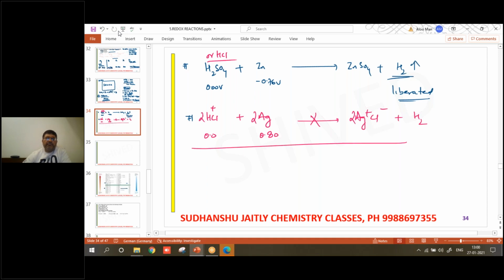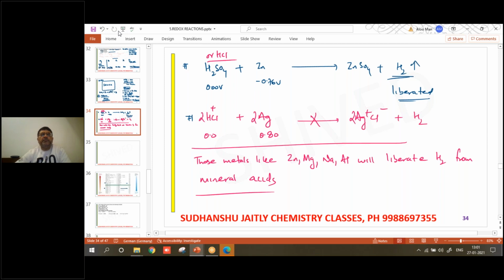That is, we say those metals like zinc, magnesium, sodium, aluminium will liberate hydrogen from mineral acids, right?